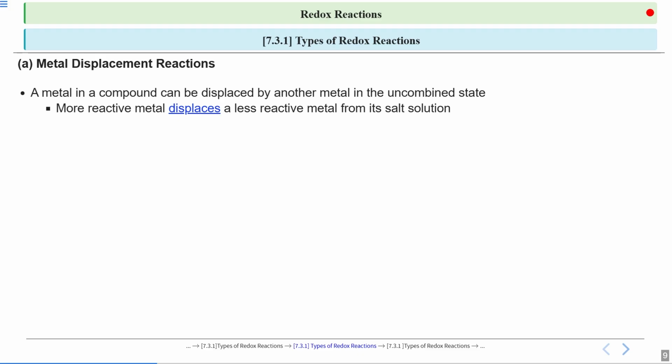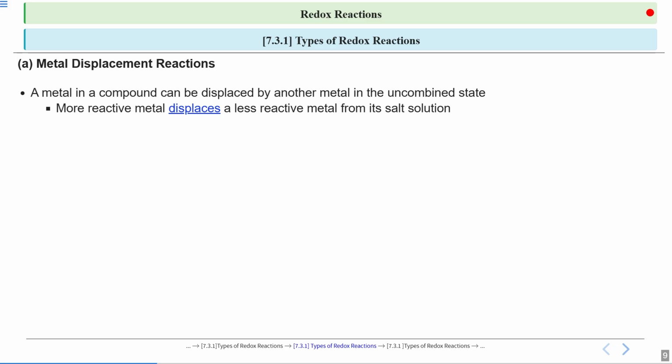I hope you remember the different examples that we studied in the previous lecture, in which we studied the redox reaction between zinc and aqueous copper sulfate. Another example was the redox reaction between copper and aqueous solution of silver nitrate.